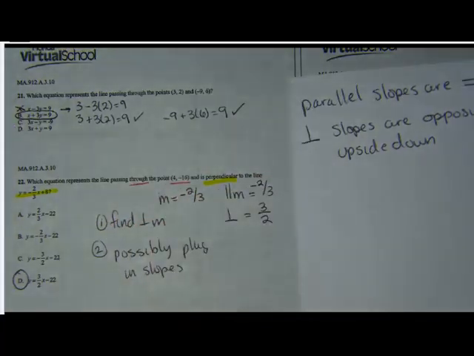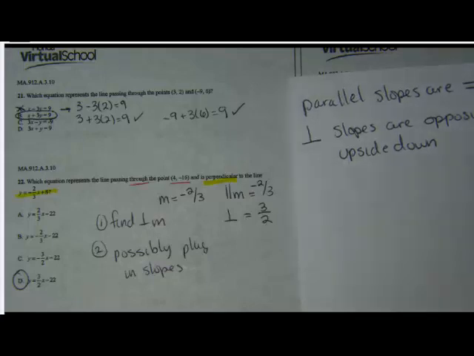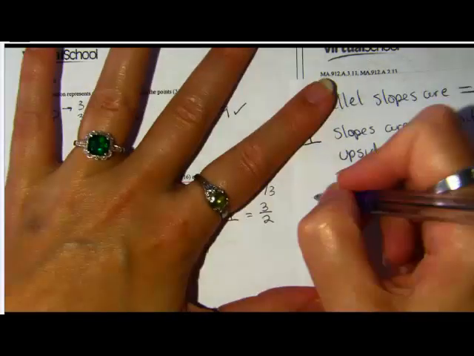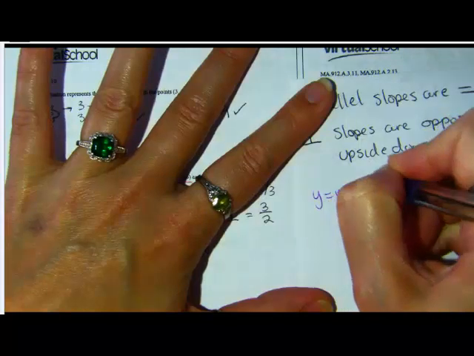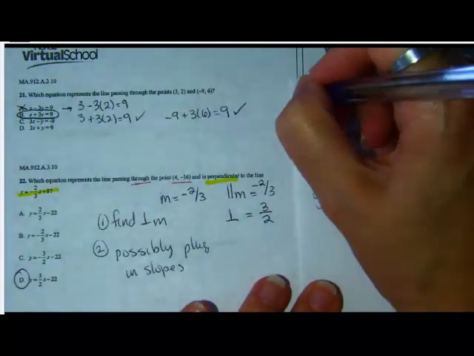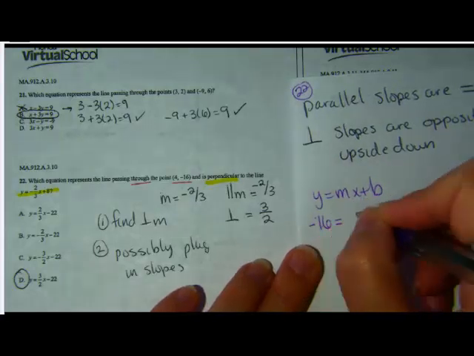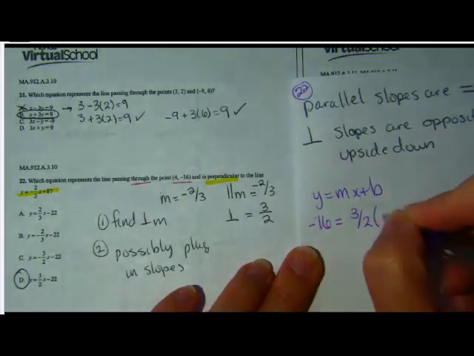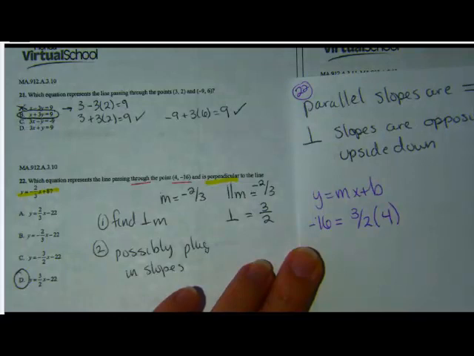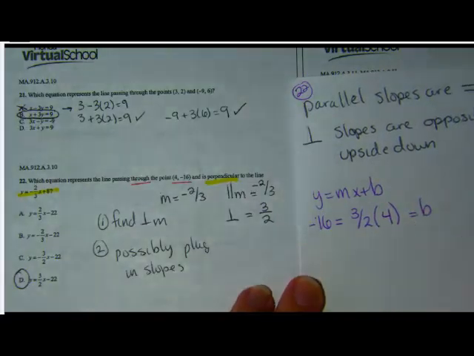If this was not a multiple choice question, you would have to plug it into y equals mx plus b. This is 22. I would plug in my y, my perpendicular slope, my x, and find b. Oops, plus b, not equals b.